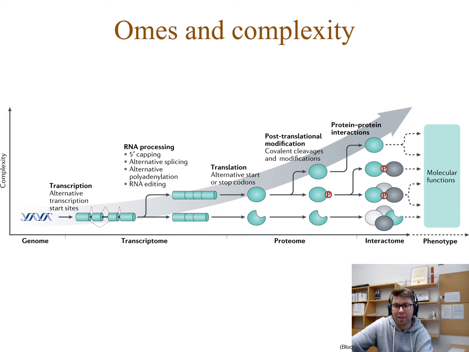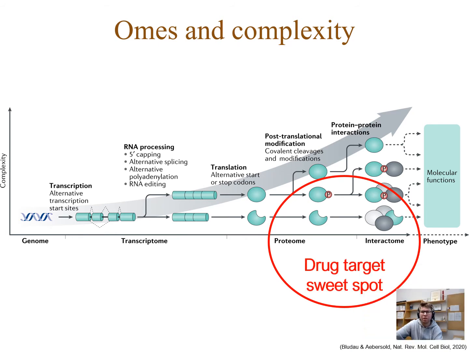And these phenotypes can then, for instance, be disease states that we are interested in studying. So the proteome and its functional organization through, for instance, the interactome is what gives rise to phenotypes such as disease states. So this is really the drug target sweet spot within omics. And today, many drugs and drug targets are both proteins.